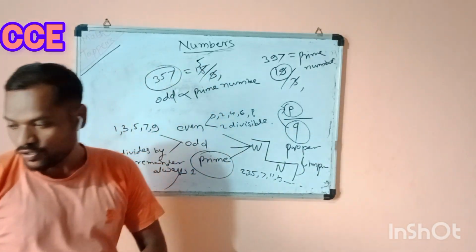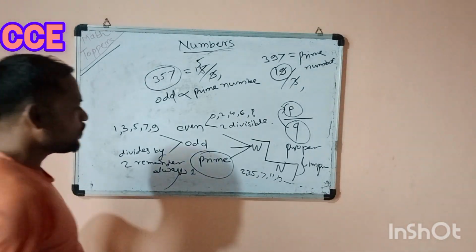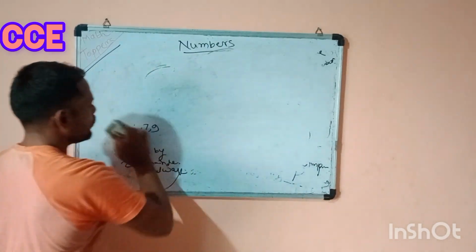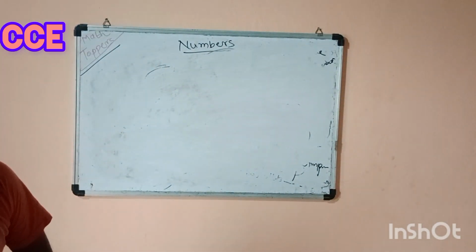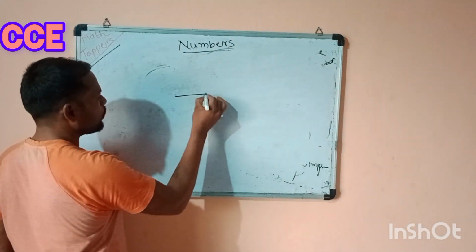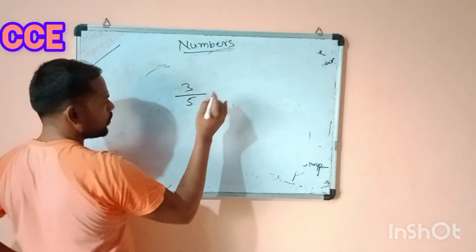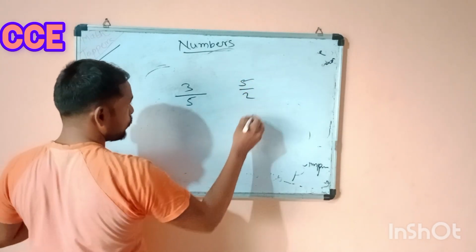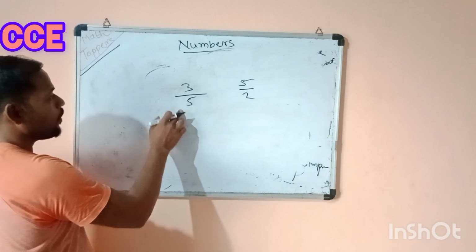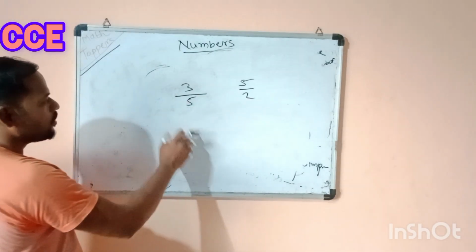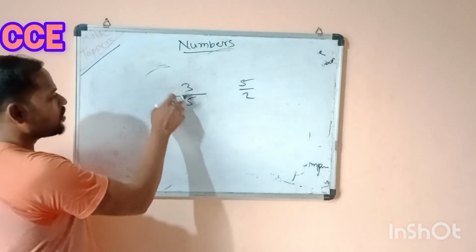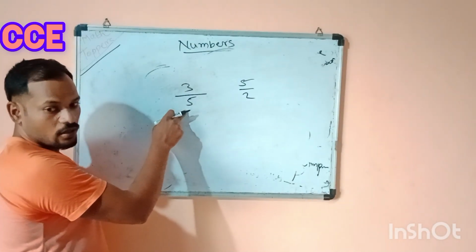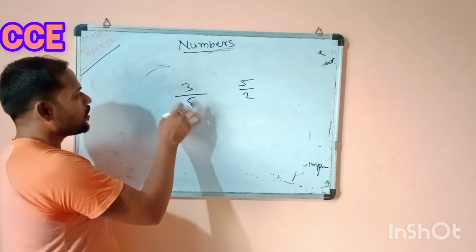So what does proper fraction mean? I write here two examples, 3 upon 5 and 5 upon 2. Of these two fractions, 3 upon 5 is one in which the denominator is greater than the numerator.